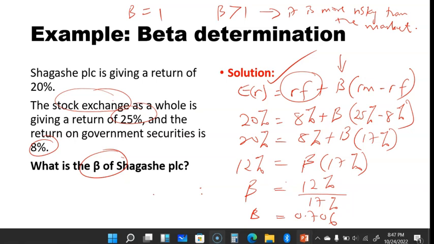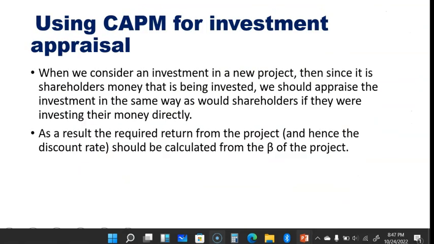Now, these betas help us to determine or to calculate the cost of equity, which can be used to evaluate a project. When we want to evaluate a project, the CAPM can be used.